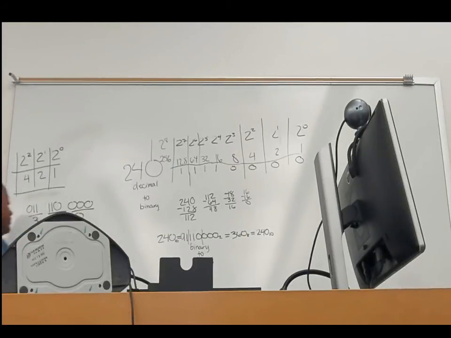All right. So how will we take this binary number and convert it to base 10? Class, how will we do that? Do we convert it to something else before we convert it to base 10? Now, let me give you a hint.